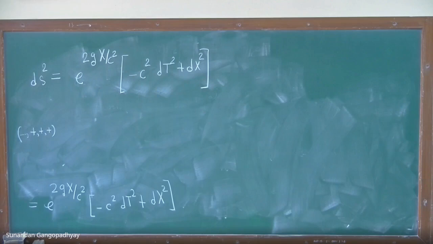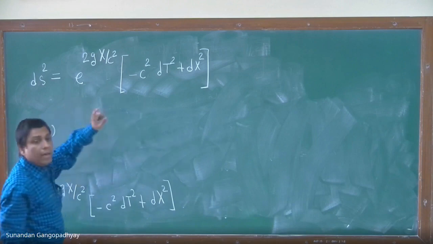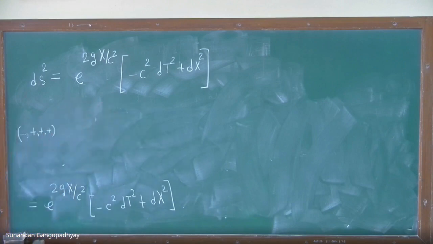So this is the line element that a linear observer will measure of any two events. So this is the infinitesimal line element measured by a linear observer.